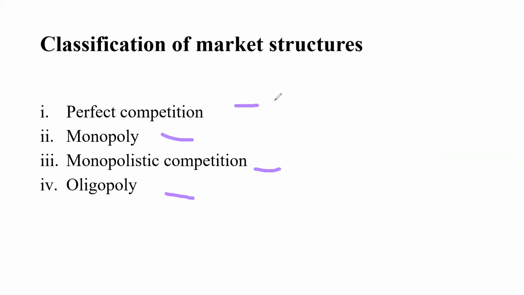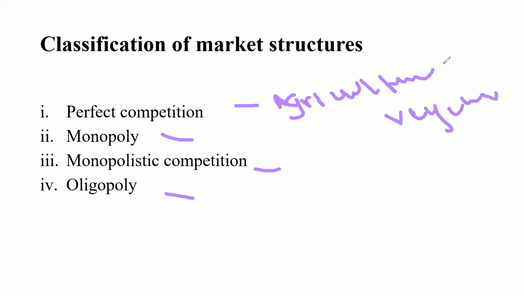For perfect competition, most of the time we consider agricultural products, such as the vegetable market or the egg market. Practical examples we can give are the vegetable market, egg market, fish market, meat market, and the fresh milk market. So all come under perfect competition, right?